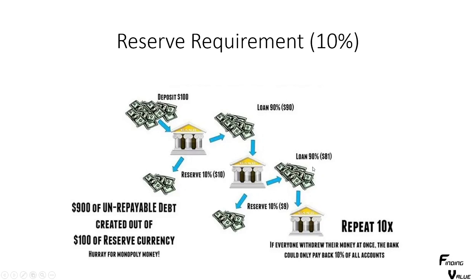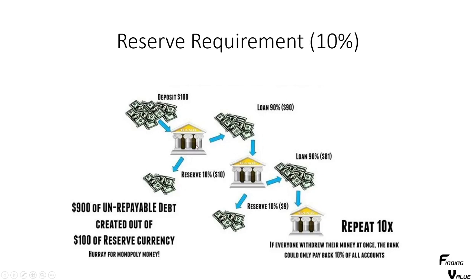Now if you go and you add this up, this guy thinks he has $100. They keep 10 of it. Now 90 gets loaned out and they're collecting interest on this loan. 90 goes in here, they keep 9 back and they loan 81 out. 81 plus 90, you catch my drift, $171 on a $100 deposit.